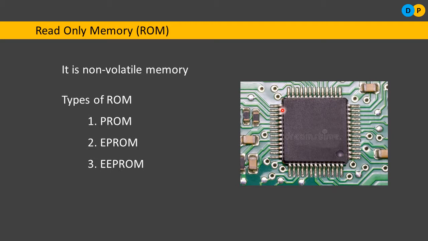Using the third variety, electrically erasable programmable read-only memory, you can achieve this. Here we pass certain electrical pulses, and via these pulses you can erase the contents present on the ROM chip. It can be programmed through the use of special electrical pulses, and it is possible to integrate the circuit into the computer itself.